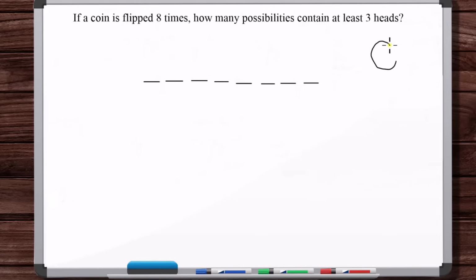So this is a permutation with repetition. No, it's combination with repetition. Let's see. We can choose a head or a tail, and we can repeat, but does the order matter? No, it doesn't.